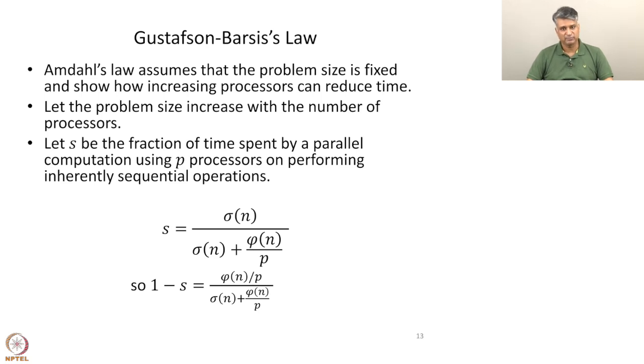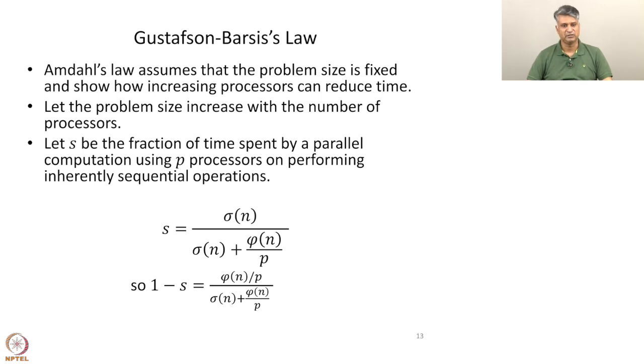Now, let S be the fraction of time spent by a parallel program using P processors on performing inherently sequential operations. So, S is sigma n upon sigma n plus psi n by P. Here again we are neglecting the kappa NP, which is the parallel overhead.